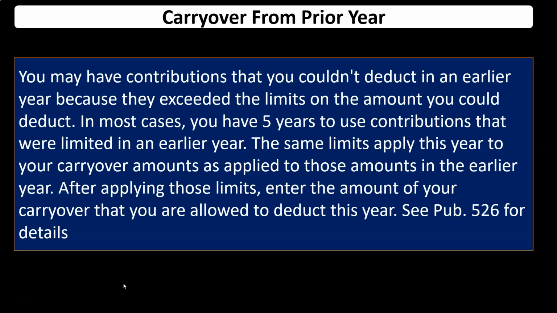After applying those limits into the amount of your carryover that you are allowed to deduct in this year, you could see publication 526 for details. So if you get cut off because you donated more and you have an AGI limitation, you don't get it in the current year, you might be able to then take it in a following year, have it carry forward.